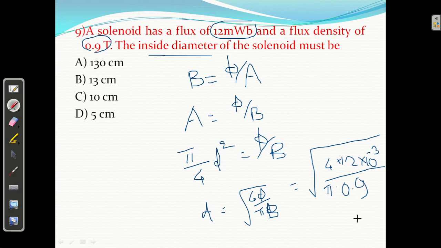0.9. So you will get a diameter, so you can convert it to centimeter. So this is the way of finding it.